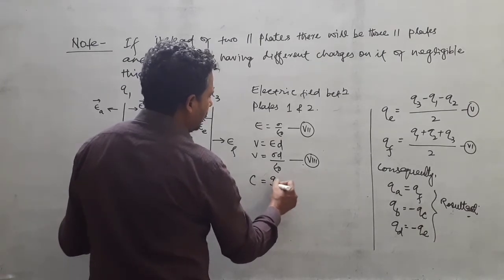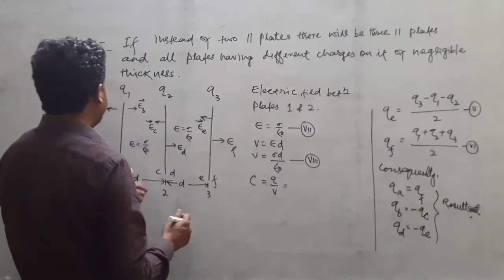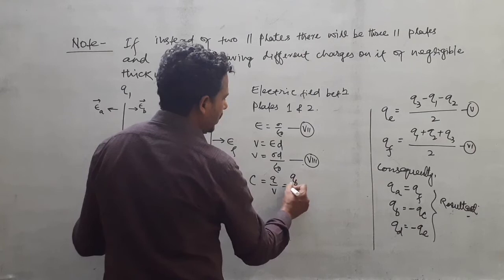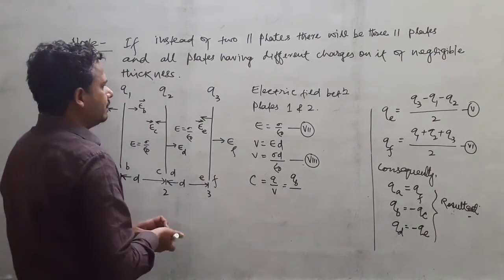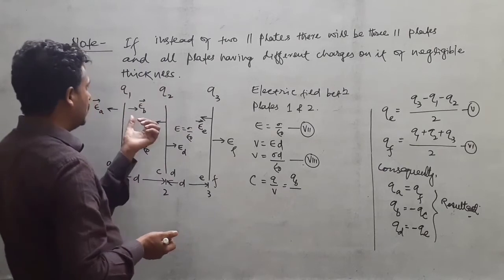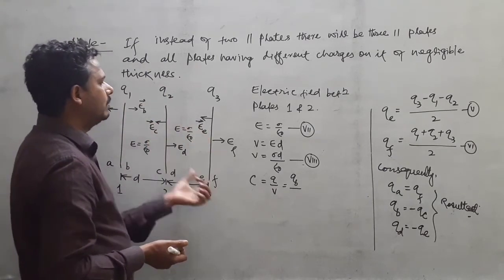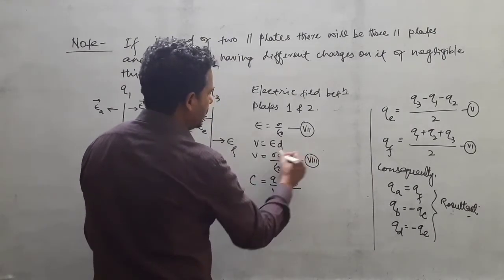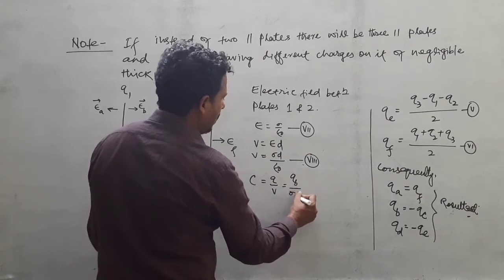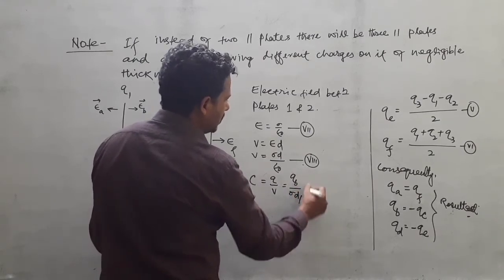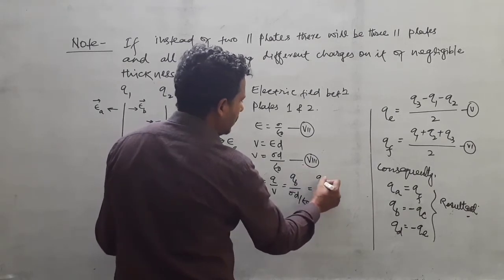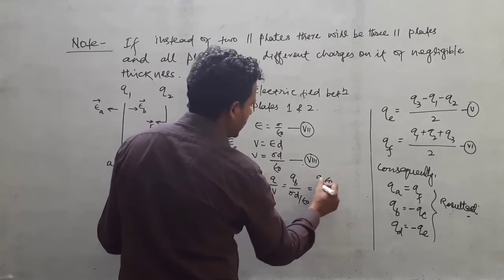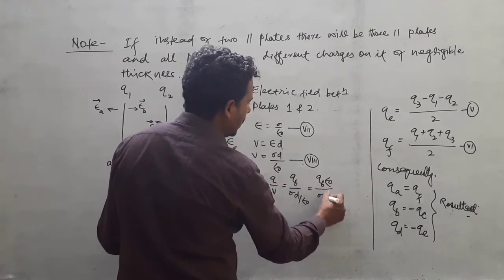How much is your Q? Actually your Q is either QB or QC. So you just take QB, where QB is Q1 minus Q2 minus Q3 by 2. And then V, from this equation, is sigma D by epsilon naught. So directly QB, and the denominator of the denominator comes in the numerator, epsilon naught by sigma D, and then put the value of sigma.